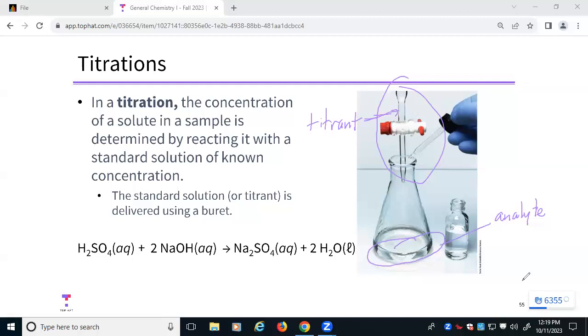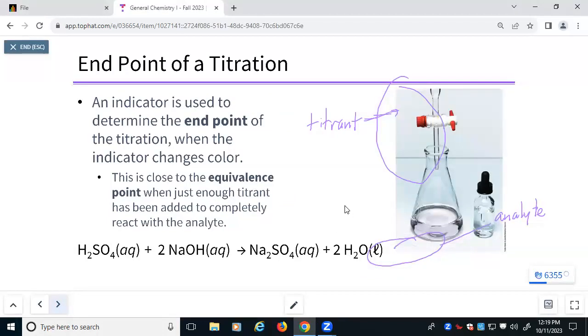And the problem gets solved in a lot of ways through the use of indicators. So next to this analyte here, this little vial here contains an indicator. Indicators help us to determine what is called the end point of a reaction. And they do so by the fact that they turn color based upon a change in pH.